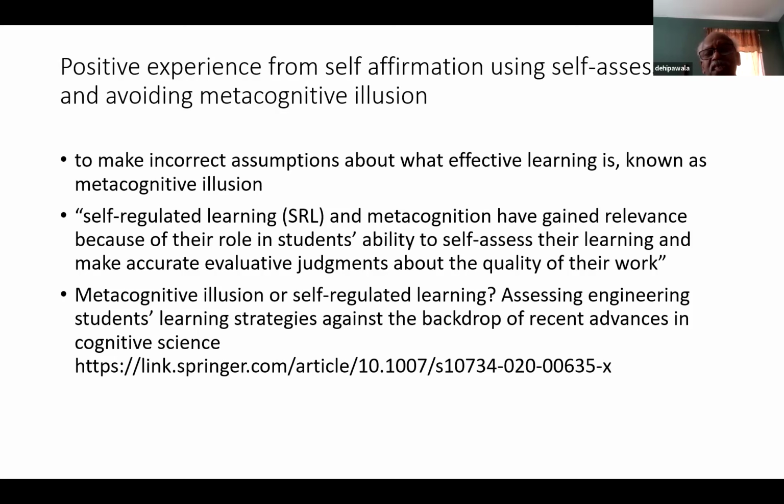Students can make incorrect assumptions about what effective learning is. Self-regulated learning and metacognition have gained attention because of their role in students' ability to self-assess their learning. Metacognitive illusion is addressed through self-regulated learning assessment in engineering student learning strategies, against the backdrop of recent advances in cognitive science.